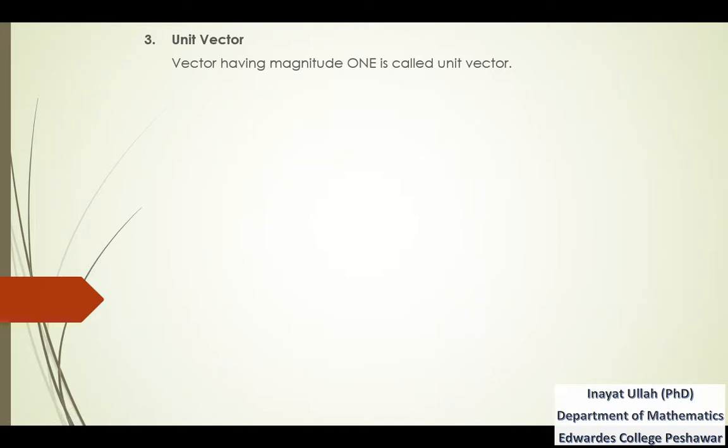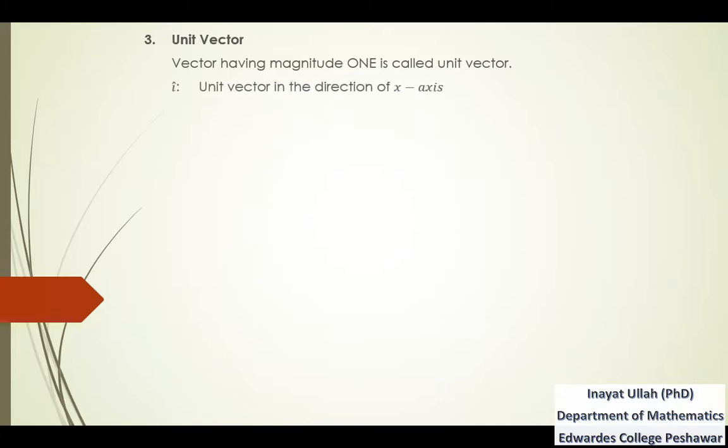The third one is the unit vector. A unit vector is a vector whose magnitude is 1. We may say a magnitude of 1 meter, or 1 kilometer, whatever units you are going to use for calculation.